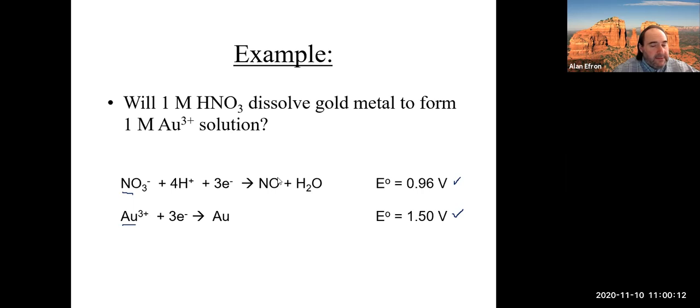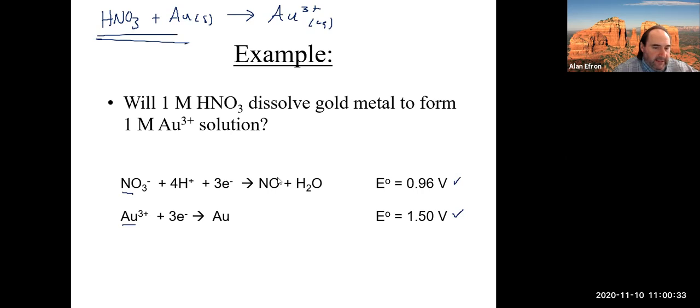Because of what it asks, it essentially asks you, will nitric acid, which is HNO3, react with gold metal, which is solid gold, no charge, to form gold with a positive 3 charge? That means on our reactant side, we need nitric acid and solid gold.